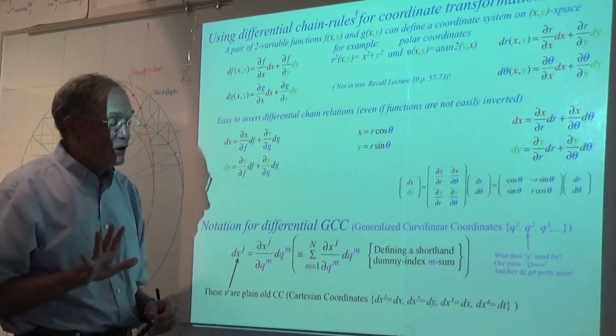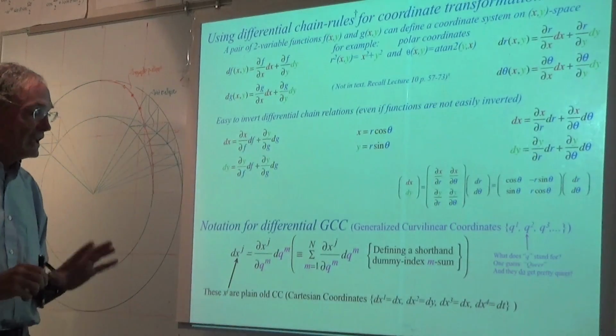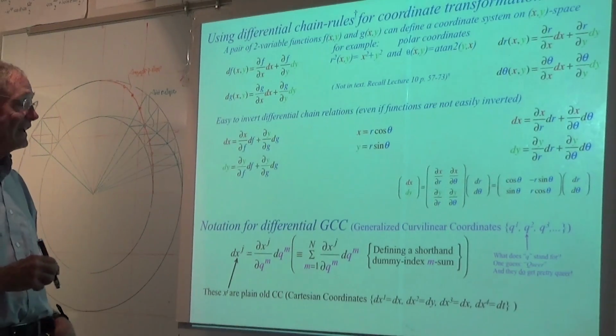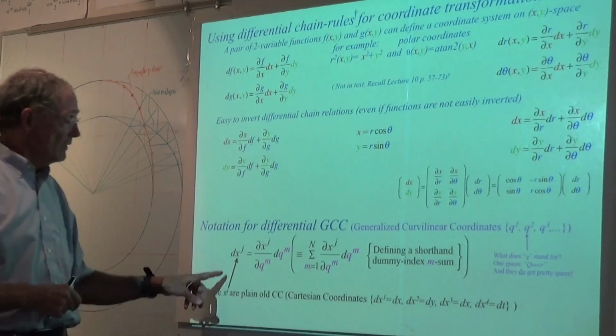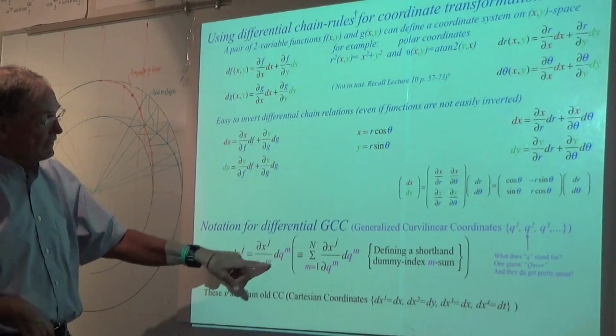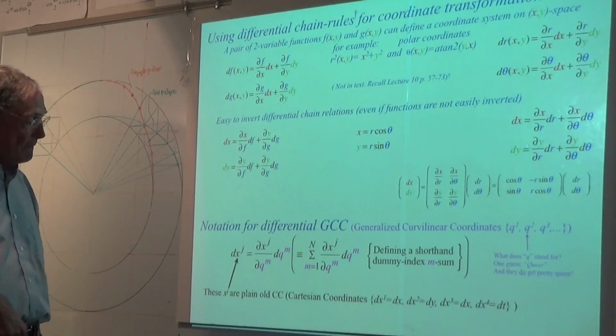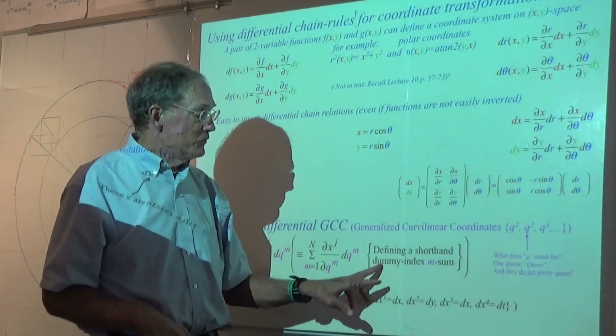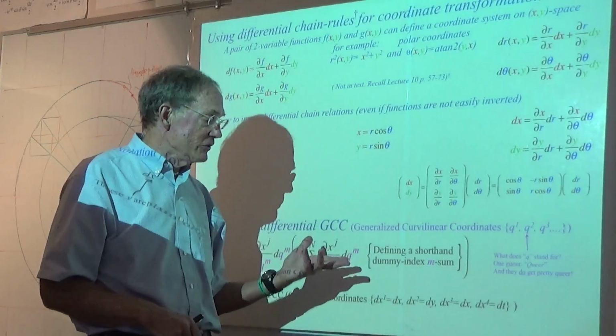They're called unitary vectors, but that name, as I say, is obsolete given that quantum mechanics uses it for something else. So here's the differential in a Cartesian in terms of the GCC. Now at this point we define a shorthand so-called dummy index notation.